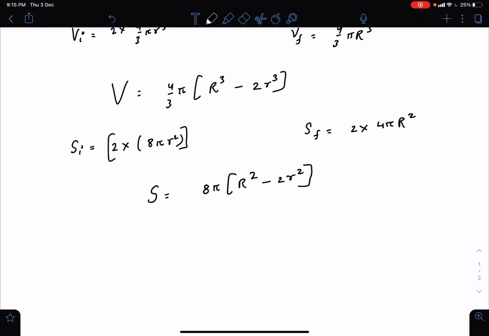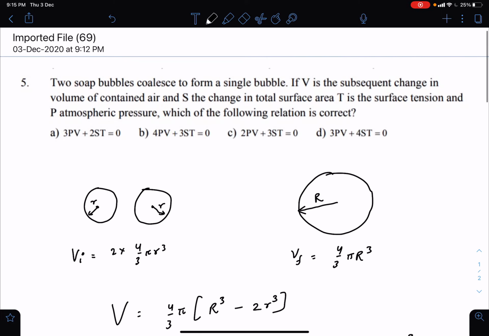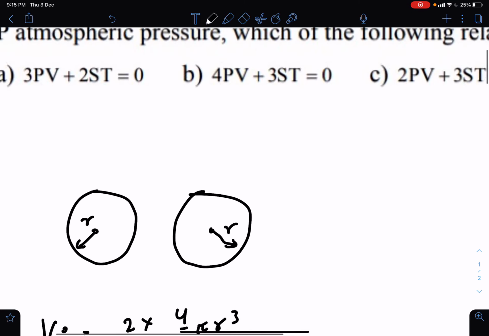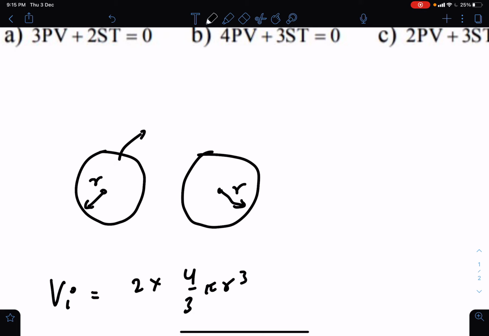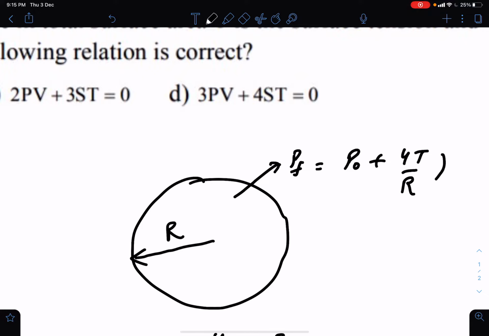Okay, so this is what we are getting. V and S. Surface tension is T and the atmospheric pressure is P. So what is the P initial? P initial is P naught plus 4T by r. And what is P final? P naught plus 4T by R.